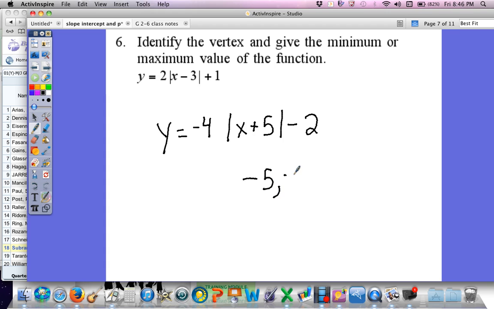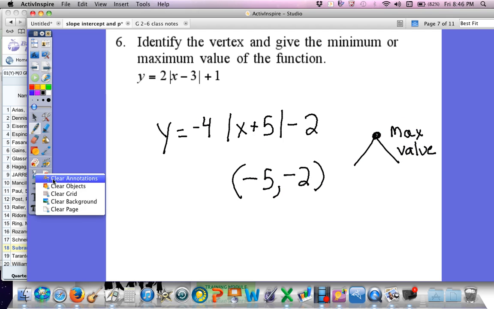Since it's plus k, and this is negative, it would be negative 2. And since this is negative, it opens down, and so that's a maximum value. Once again, it doesn't pertain so much in Chapter 3 in geometry, but I've heard kids in class mention that they don't remember this or weren't sure about this format, so I wanted to include it in the review.